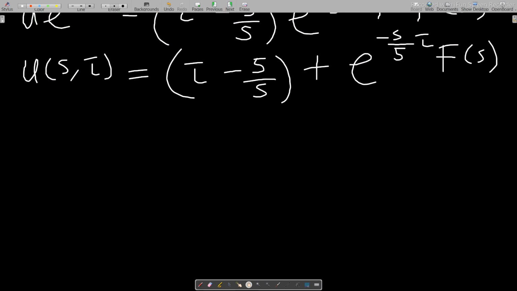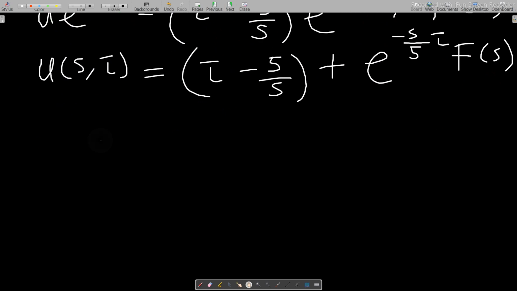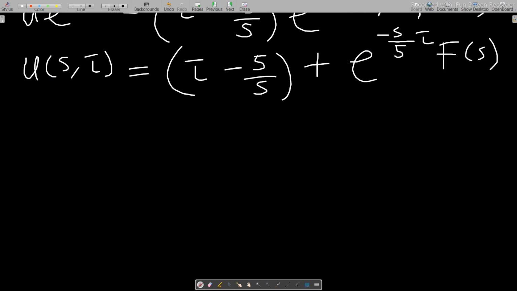We are coming to write the final answer in terms of x and y. Now mind you, tau was given as ax plus by, and a is 1, so I have x plus 2y, and my s is given as 2x minus y, if I can recall clearly.